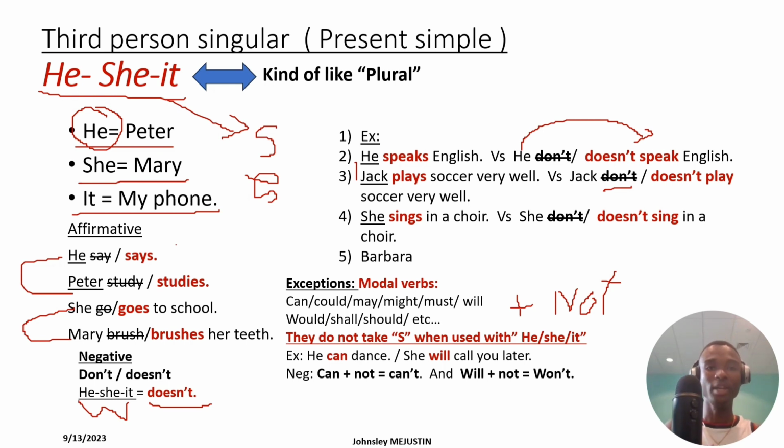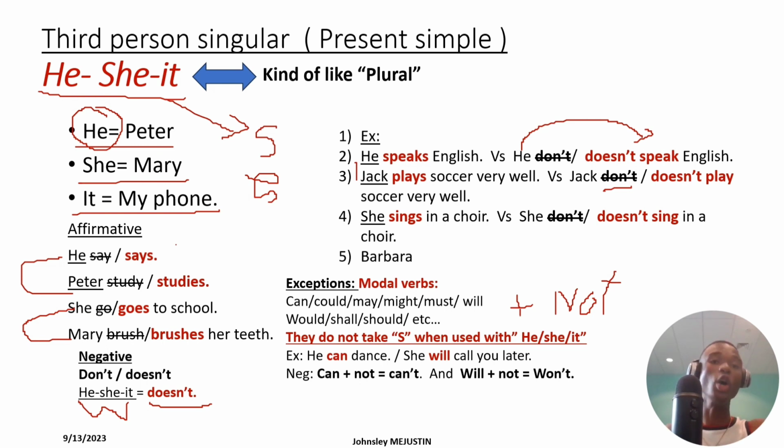For example, if I say, Brian goes to school every day. Brian can be replaced with he. So Brian is the antecedent of he. So both Brian and he are third person singular. You see? So after Brian, you need to put that S to the verb or that ES.